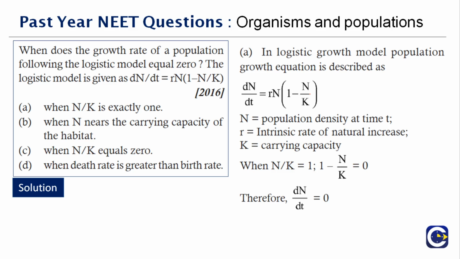Now, when will this be equal to 0? When N/K is exactly 1, then it will be equal to 0. Therefore, the right answer is option A. When N/K is exactly 1. What does N represent? The population. What does K represent? The carrying capacity.